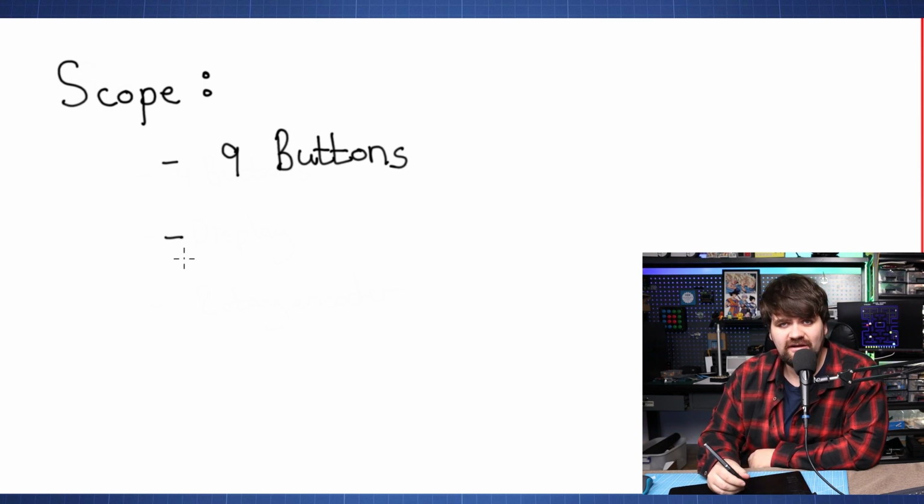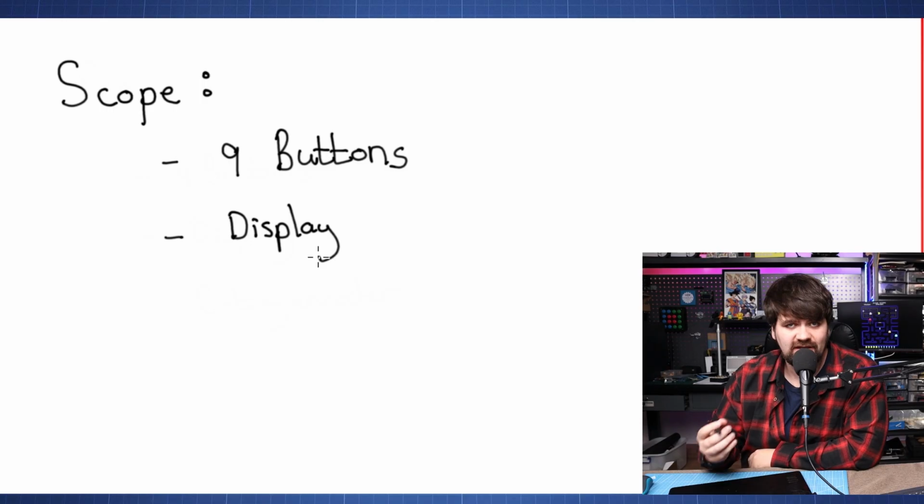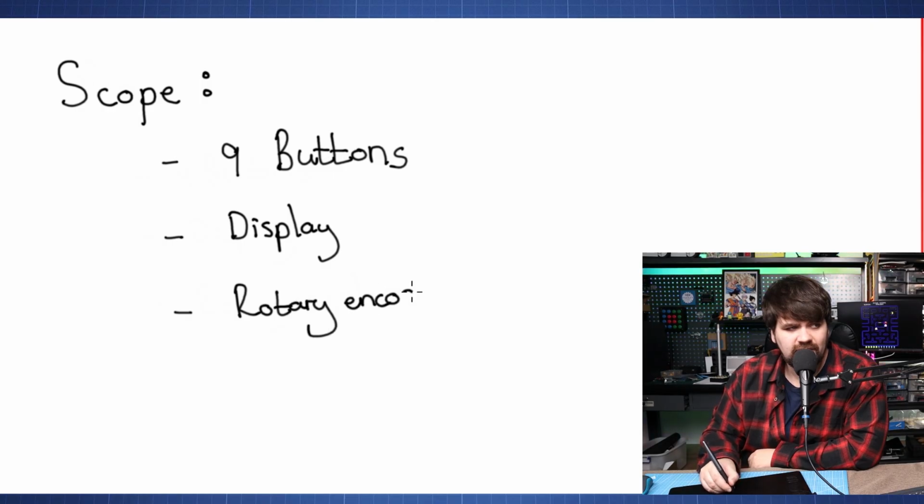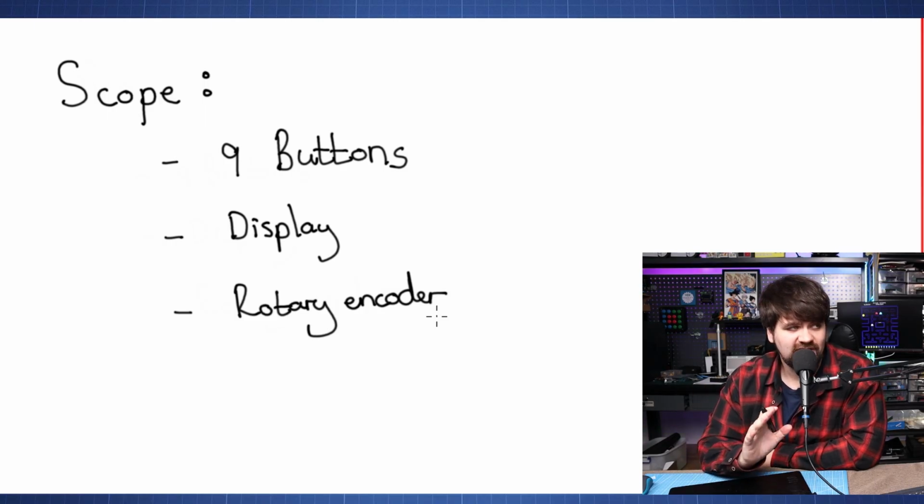And then to display the mode, we need to have some type of display that can show which mode is currently active. And one added nice feature will be to have one rotary encoder that we can use with different programs that can be used for scrolling through the timeline, for example, in Premiere Pro. So this is the scope, and so let's go and look at different designs.